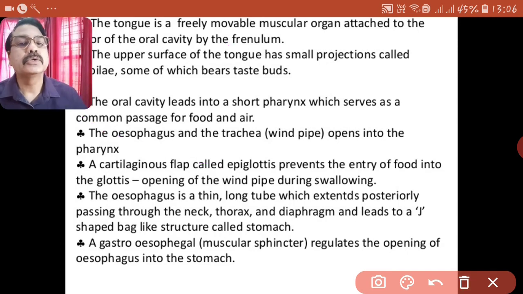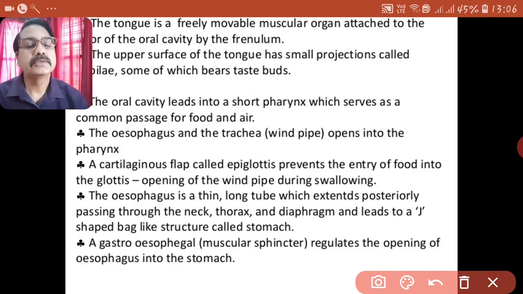These taste buds help in the identification of the taste of the food: salt, sour, sweet, and bitter.